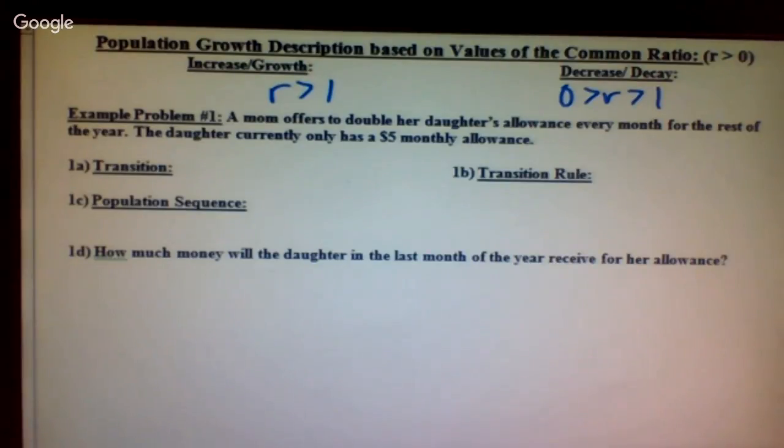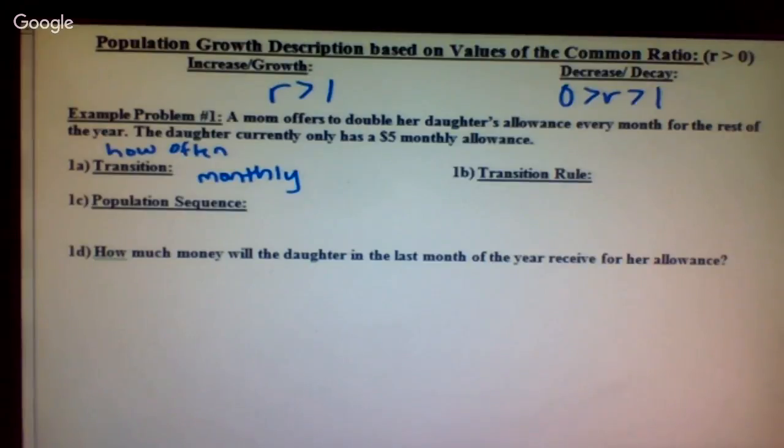So, as always, there are word problems. A mom offers to double her daughter's allowance every month for the rest of the year. The daughter currently has a $5 monthly allowance. So, what is my transition? Remember, how often is this happening? Monthly.